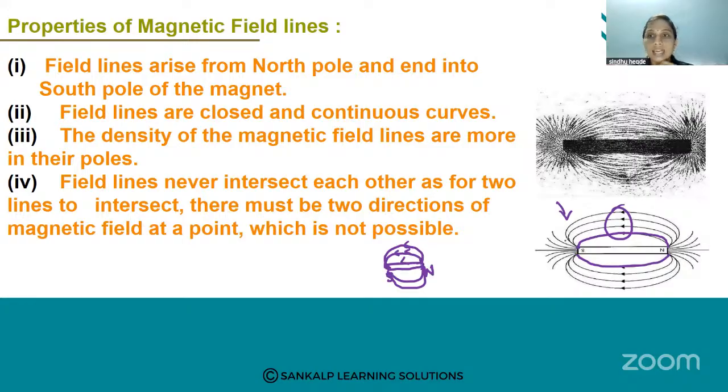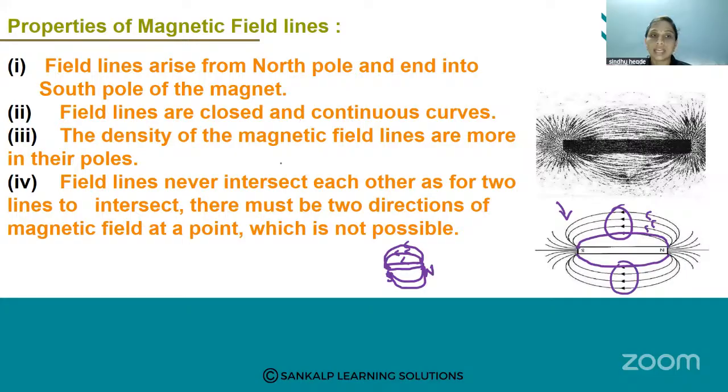Or we can write it like this also: magnetic field lines emerge from the north and merge in the south pole. That's why the direction is like this. Here also it shows from north to south. This is the first property.